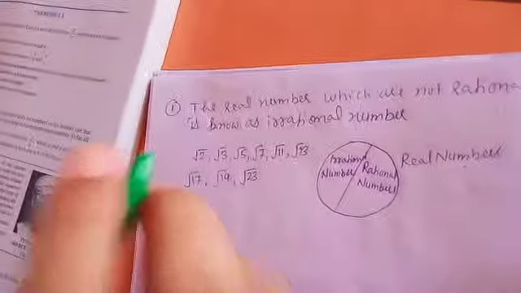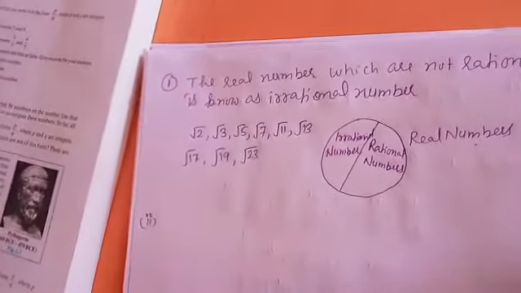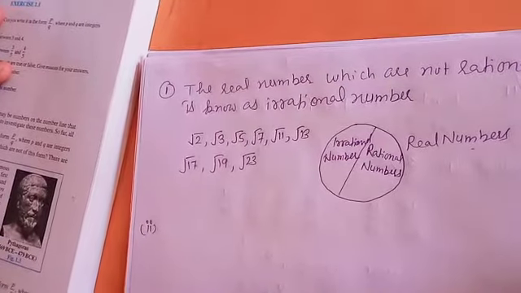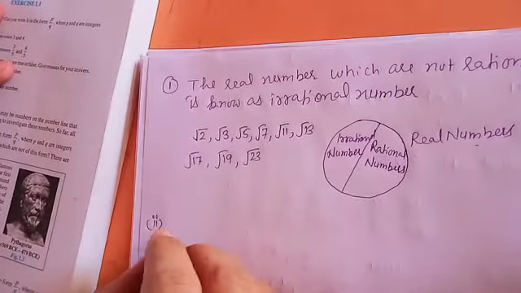Irrational number. Another definition in your book is also given: a number is called irrational if it cannot be written in the P by Q form.